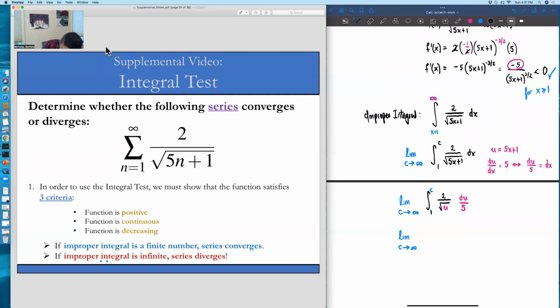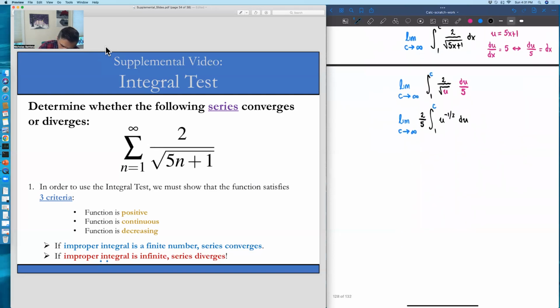I'm going to pull this factor of 2 over 5 in front of the integral. We have from 1 to c. And now I'm going to rewrite this instead of 1 over the square root of u as a u to the negative 1/2. And I'm doing this so I can apply the antiderivative power rule.